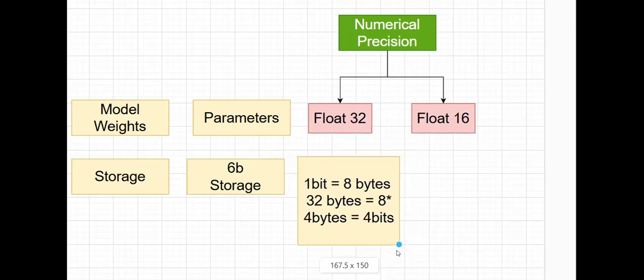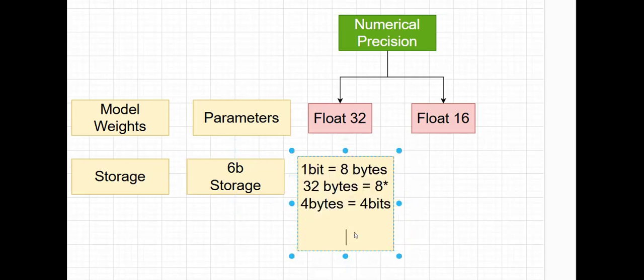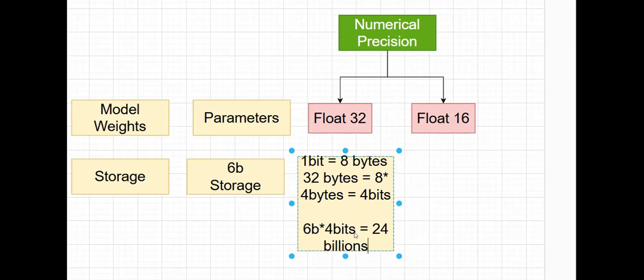How many parameters are we expecting to represent? 6 billion parameters. So for 6 billion parameters, 6B into 4 bytes, we need to represent 24 billion bytes.